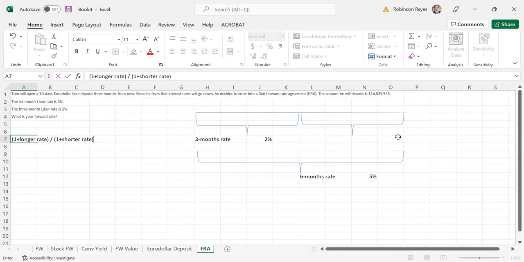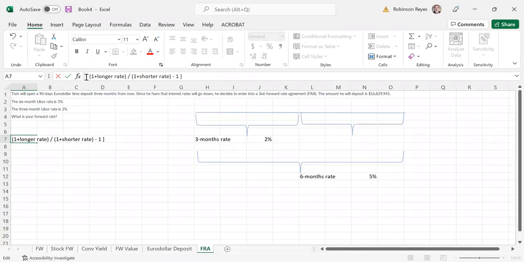By longer and shorter, I'm just giving you this in a very intuitive way. I mean the one with the longer duration, and by shorter, I mean the one with the shorter duration. And once we have all that, then we are going to multiply this.